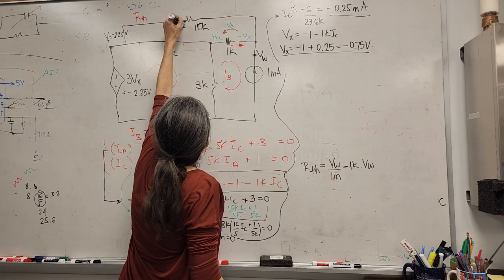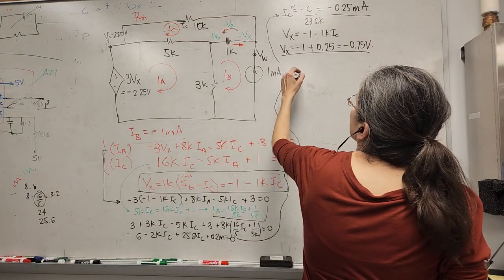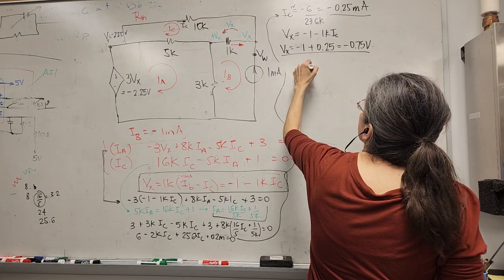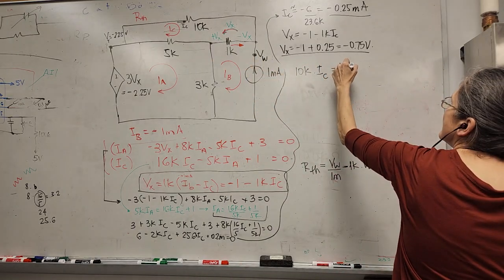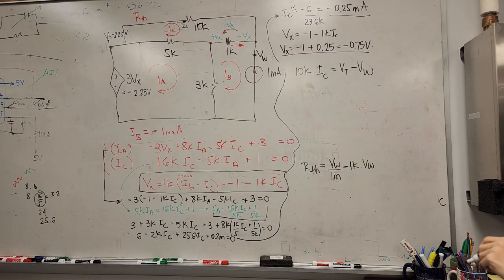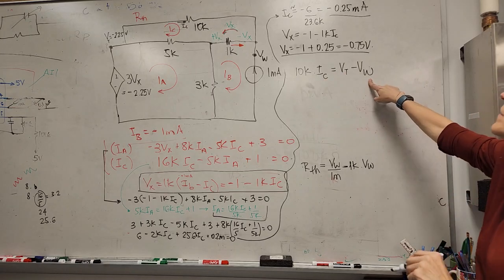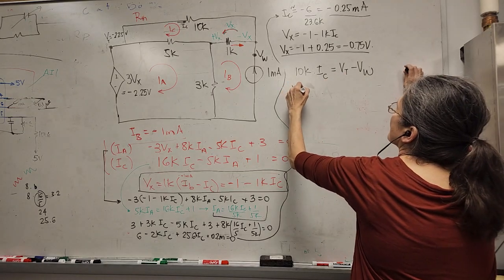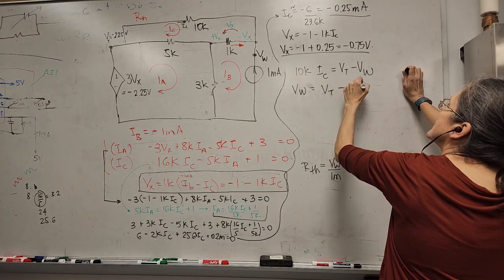So hopefully you see that the mesh current is going to the right. So I'm going to say 10K times IC is VT minus VW. And now I have VT, I have IC, and I just need VW. So VW is VT minus 10K IC.